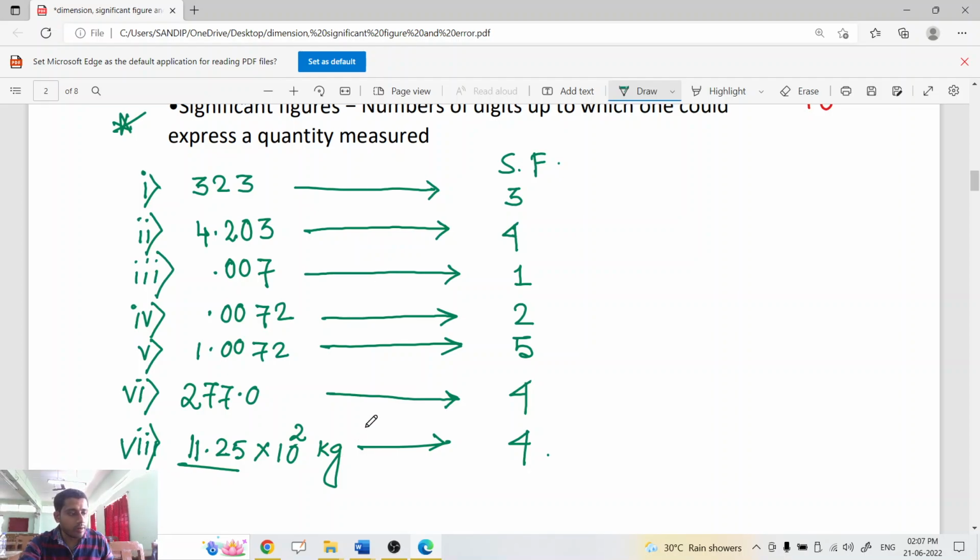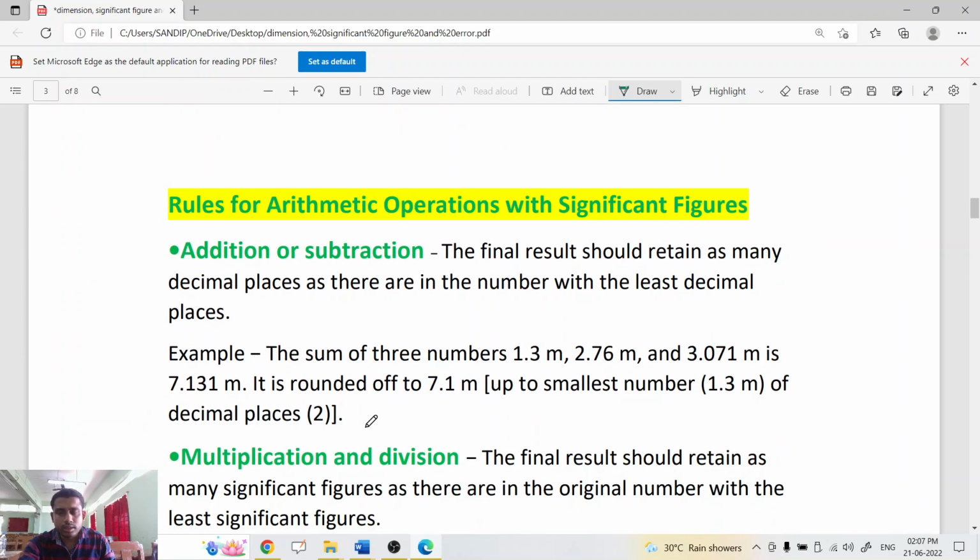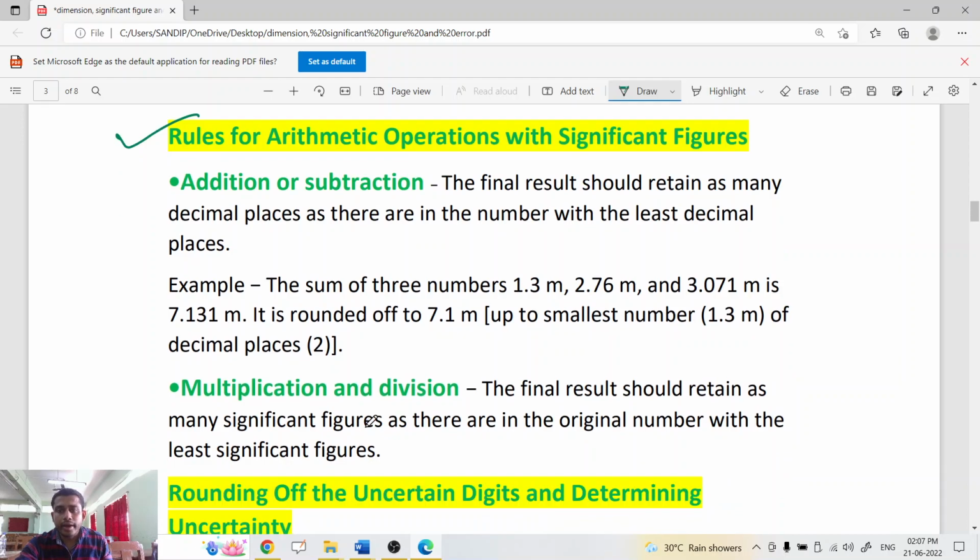Now we move to our next portion, some rules for arithmetic operations with significant figures. For addition and subtraction, the final result should retain as many decimal places as there are in the number with the least decimal places.